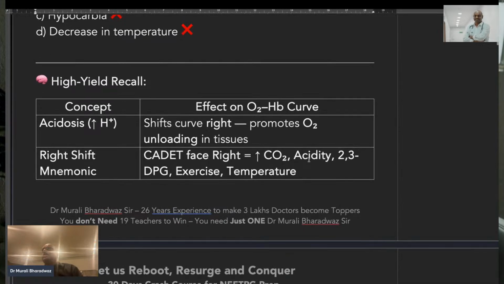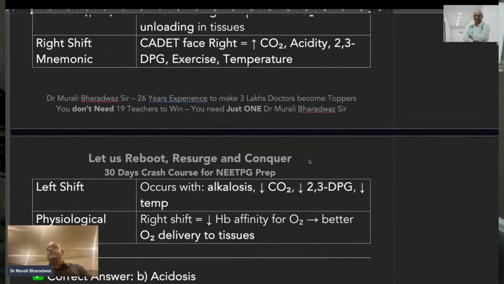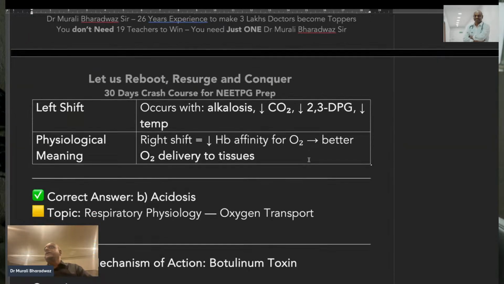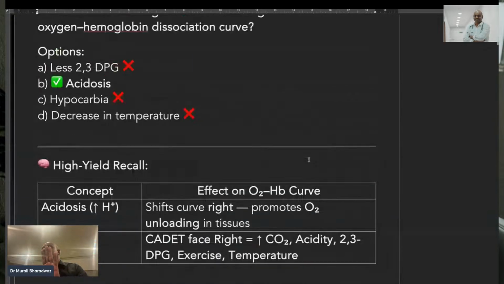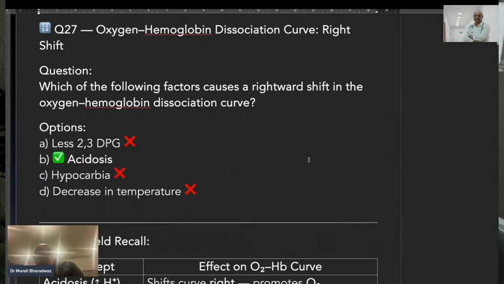Remember CADET face right: CO2, acidity, 2,3 DPG, exercise and temperature. They will all shift the curve right and unload the oxygen. Easier to remember: unloading is right.